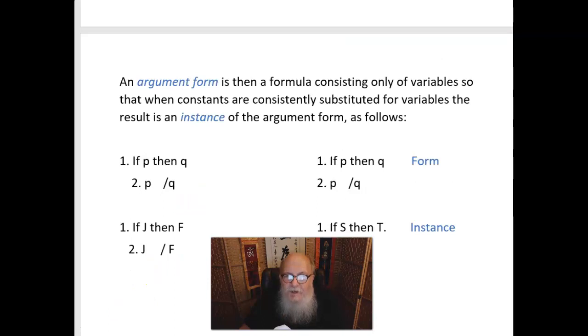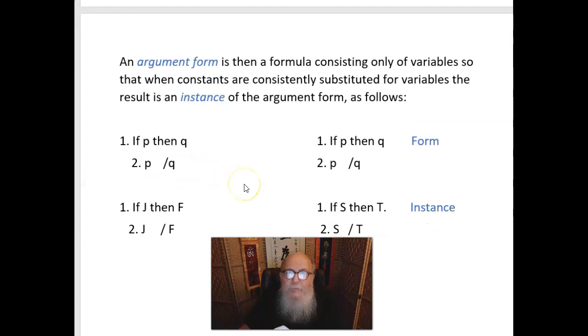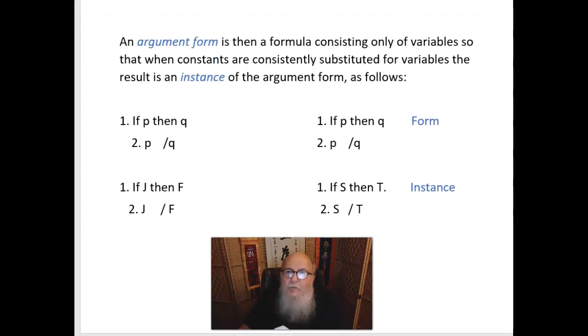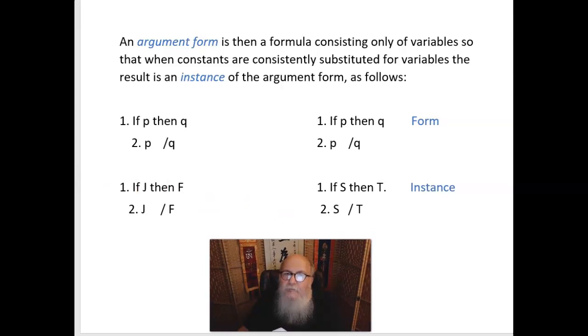To re-emphasize, here we have the form, and here we have the instance. And I keep repeating this because it's so important. An argument form is a formula consisting only of variables, so that when constants are consistently substituted for variables, the result is an instance of the argument form.